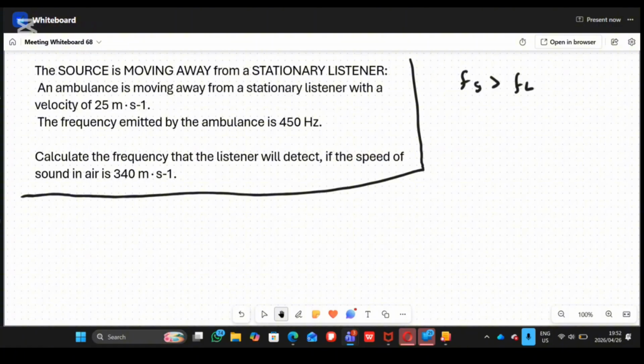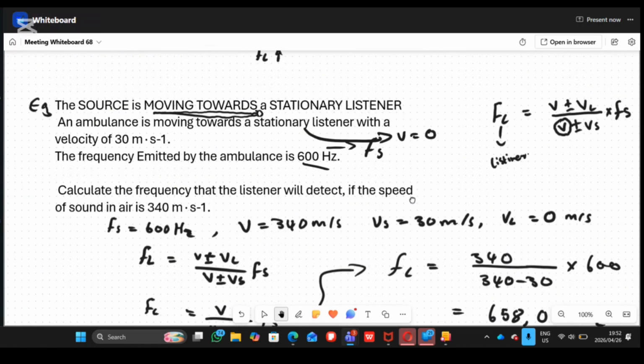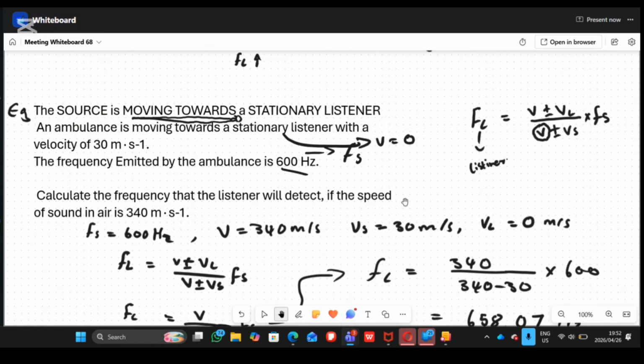But in this case, let me switch back to this question. In the first case, the conclusion I can state is that when a sound source is moving towards a stationary observer or stationary listener, the frequency of the listener is greater than the frequency of the sound source.